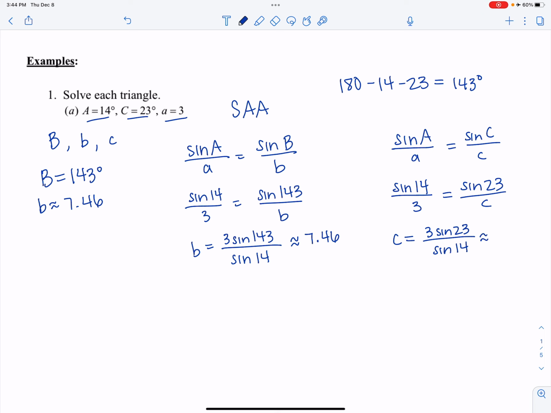Through our calculator, that's approximately 4.85. So side C is approximately 4.85. And we found all of our missing pieces. So that triangle has been solved.